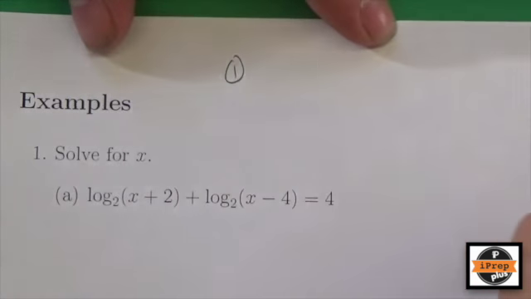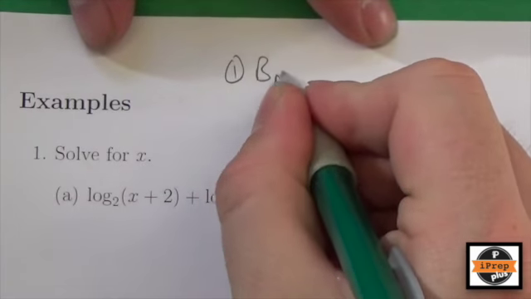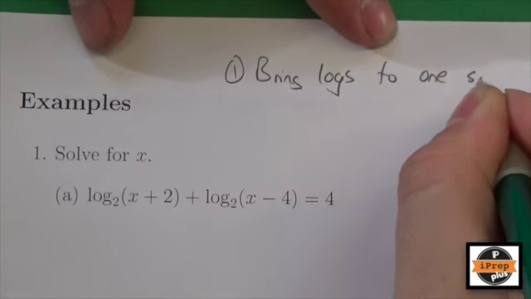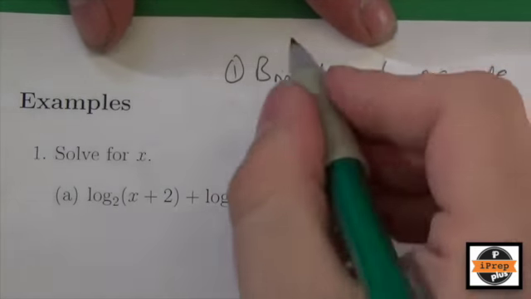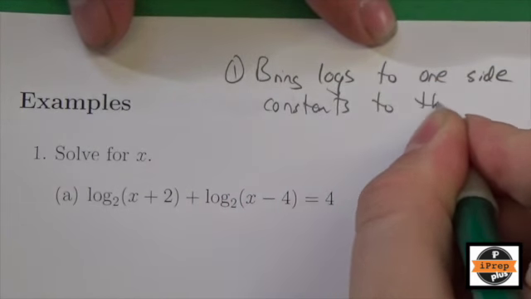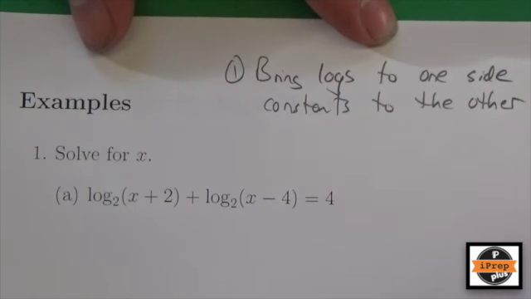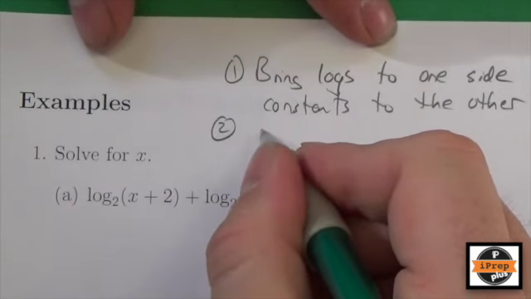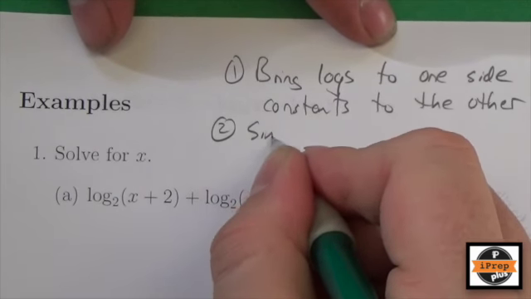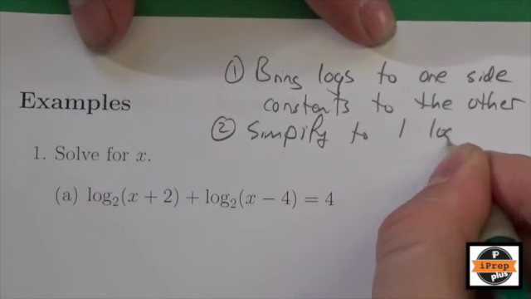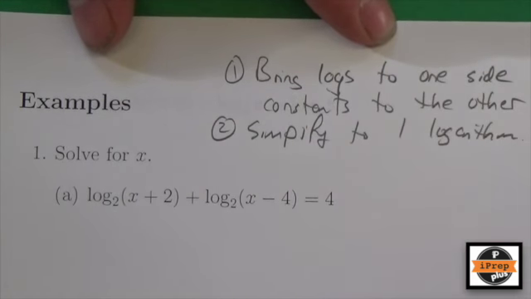Your first step when you're solving these things should be to bring the logs to one side, constants to the other. Anything with a log in it should be on one side, constants to the other, to basically simplify to one logarithm, and that should only take you at most 2 steps.